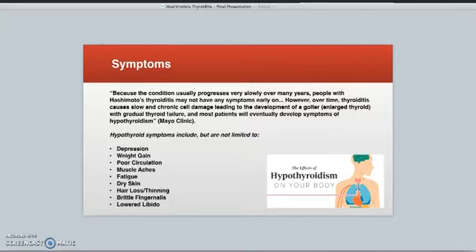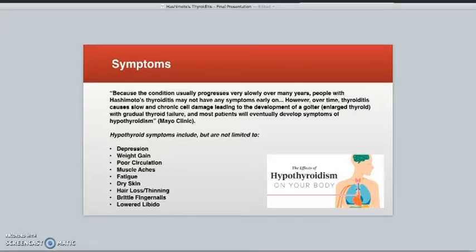So hypothyroid symptoms include depression, weight gain, poor circulation, so you're always cold, muscle aches, fatigue, dry skin, lowered libido, hair loss and thinning, brittle fingernails, and body aches, various other things. Once you start to feel a number of these symptoms at the same time, it's usually a sign that you should get your thyroid checked.